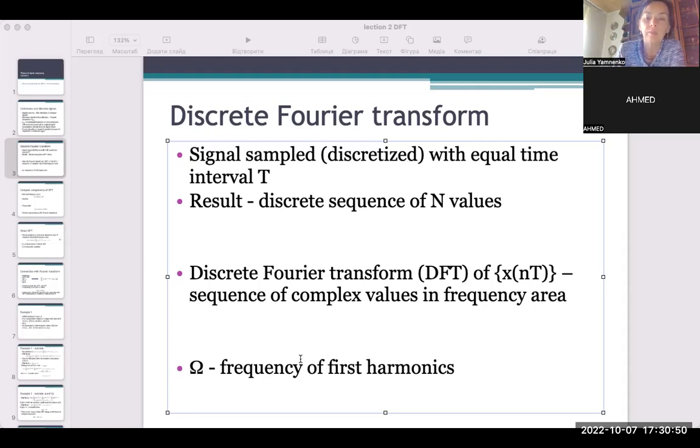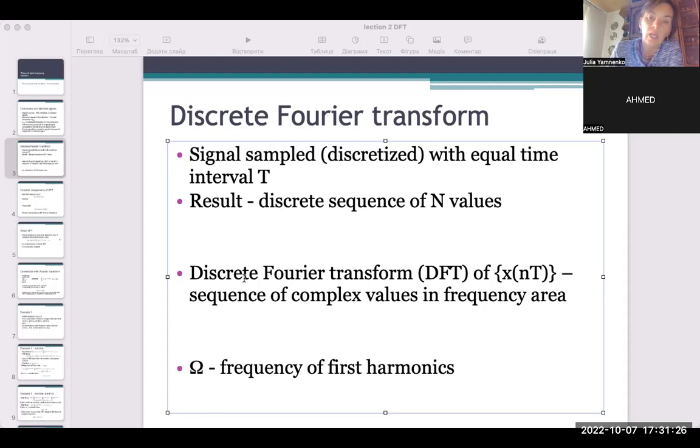Okay, and as I said already, and as you know, of course, the Fourier transform is always complex-valued. And that's why, as with any complex number, it could be represented by a real part and an imaginary part. So each component of the Fourier spectrum could be represented by its real and imaginary parts, and this representation is here in the first formula on our slide.